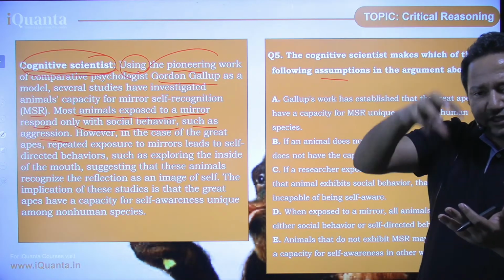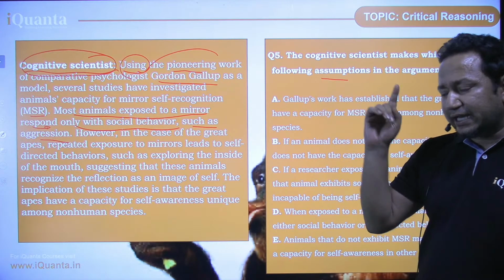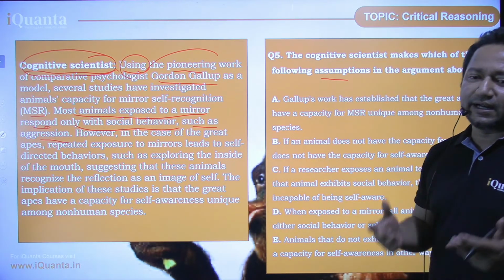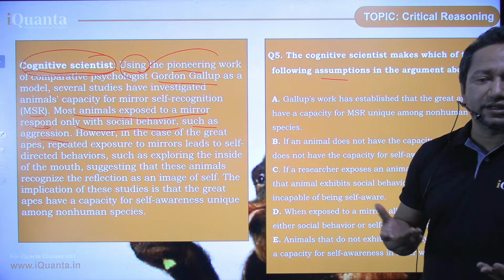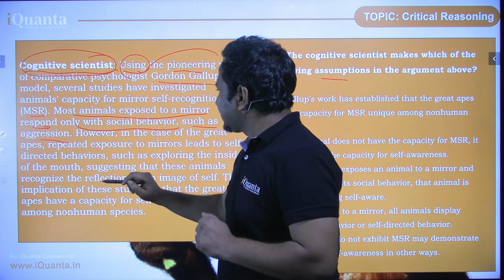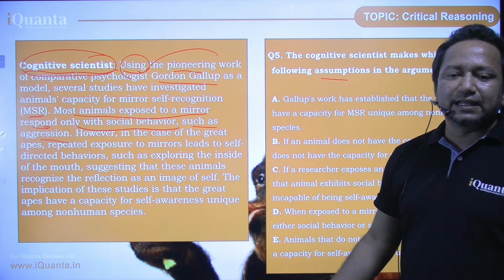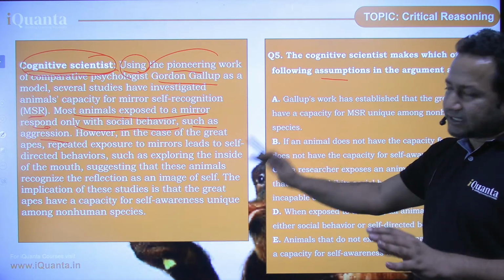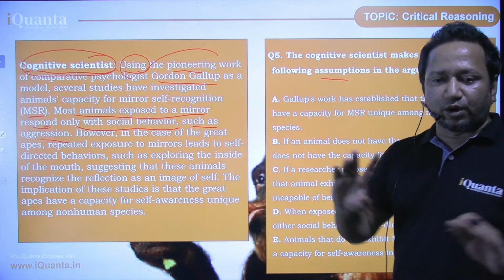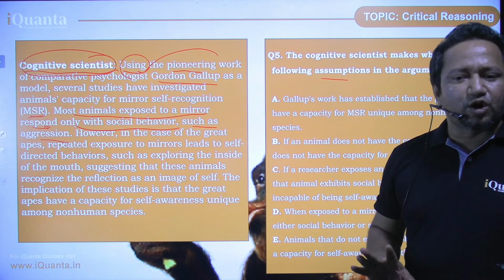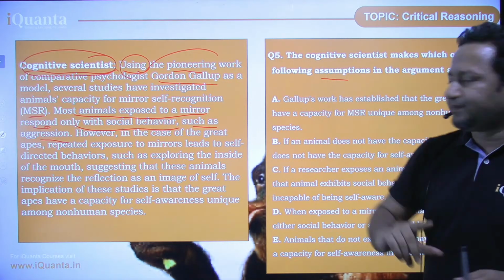So based on Gordon's work, the cognitive scientist is saying that if an animal has MSR, if an animal can identify that whatever it sees in the mirror is self-recognition, then the animal is self-aware. So this passage is all about self-awareness. It's not about the scientific observation of Gordon Gallup, right? It's a cognitive observation from a cognitive scientist who can be someone else, not Gordon.